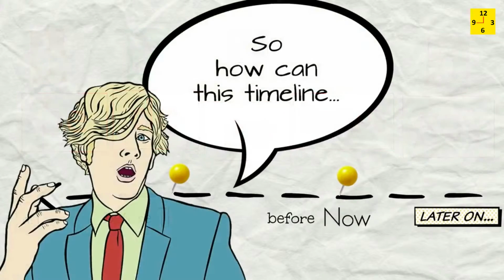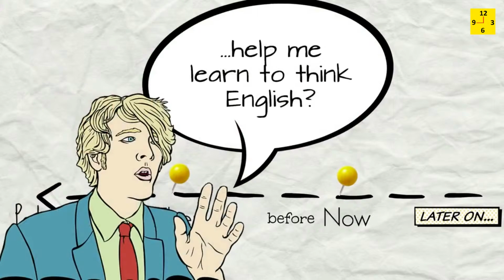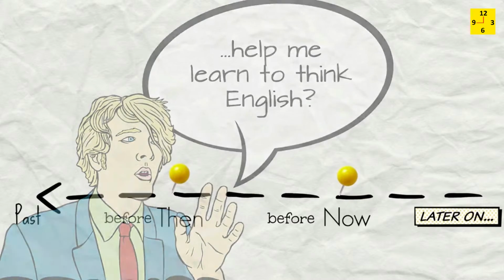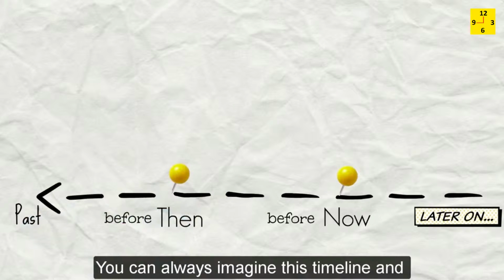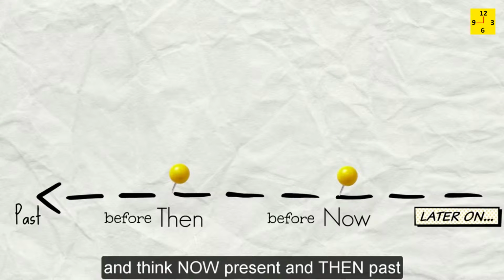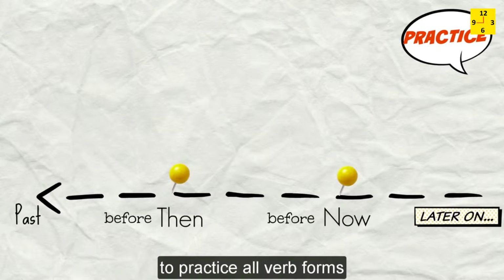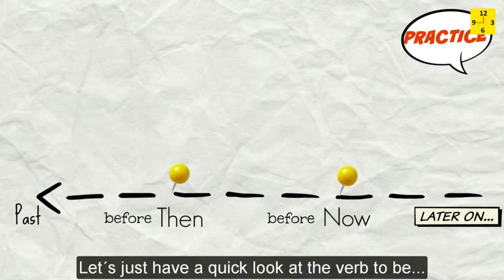So how can this timeline help me learn to think English? You can always imagine this timeline and think now, present, and then, past, to practice all verb forms. Let's just have a quick look at the verb to be.